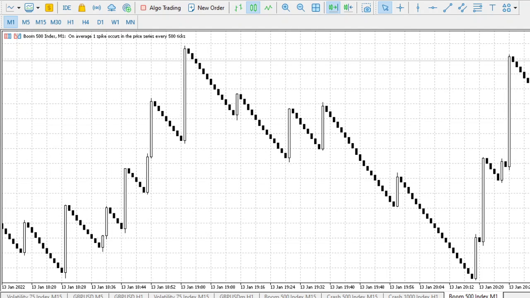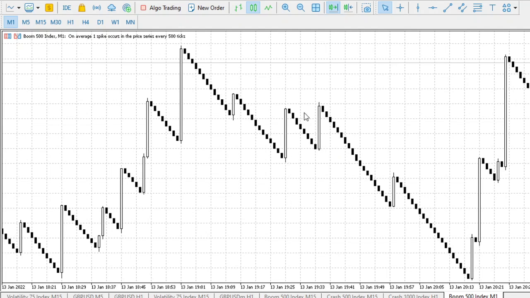A lot of traders, channels and videos on YouTube teach people to trade boom and crash on 1 minute. Why? It looks so predictable and easy, because we simply have two types of patterns. We have the spikes, which are the bigger candles, and the ticks, which are the smaller candles.